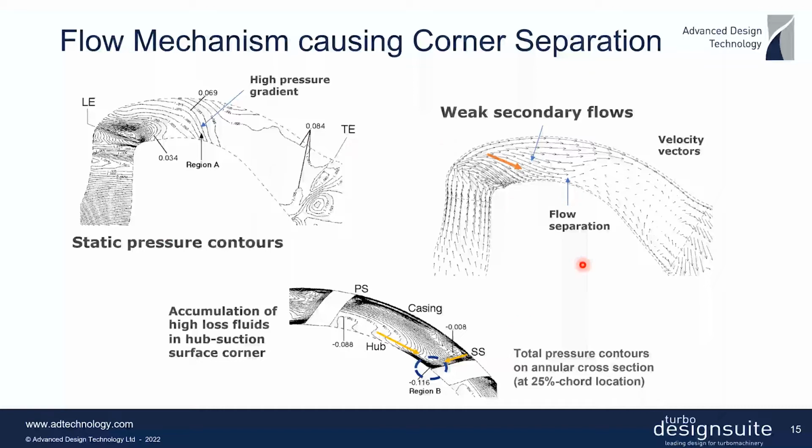So first of all, what's interesting is that at the region where the separation is happening, you can clearly see the location of the separation from these CFD results. And you can see that this corresponds to this region of high positive pressure gradient at the hub. And this is actually happening where the meridional shape has sort of a bend here at the hub.